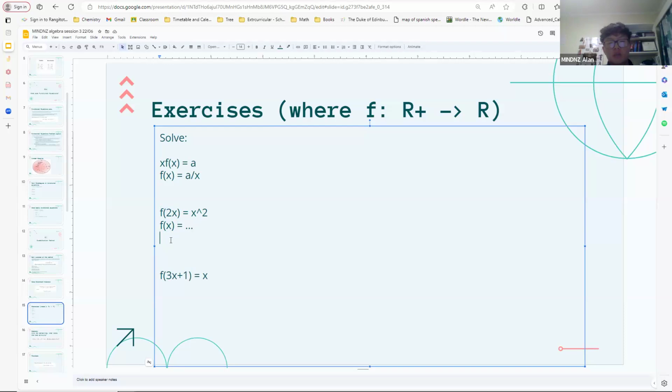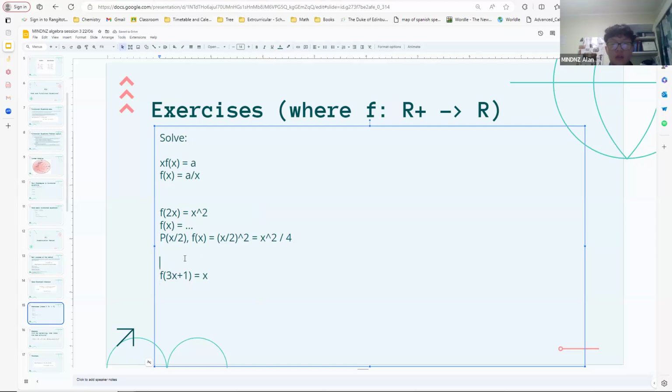So basically we just plug in x over 2, which gets us f of x equals x over 2 squared. Right. And what is x over 2 squared? It's equal to x squared over 4.